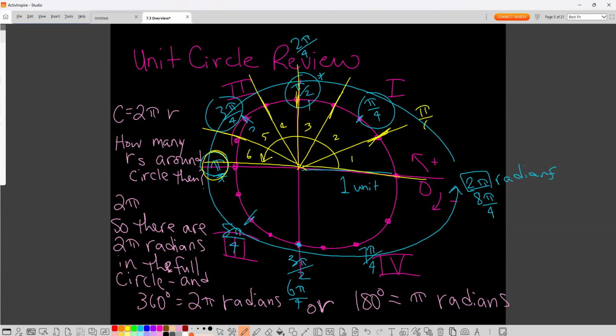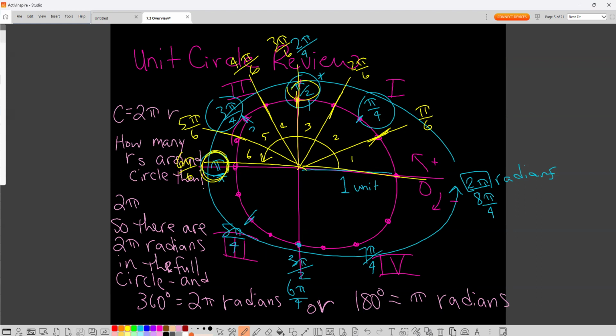So written commonly as pi over 6, 2 pi over 6. I'm going to count these up again. 3 pi over 6, which is going to again simplify to my pi over 2 or half a pi. 4 pi over 6, 5 pi over 6, and 6 pi over 6, which again is going to simplify back to my pi. And we could keep going.